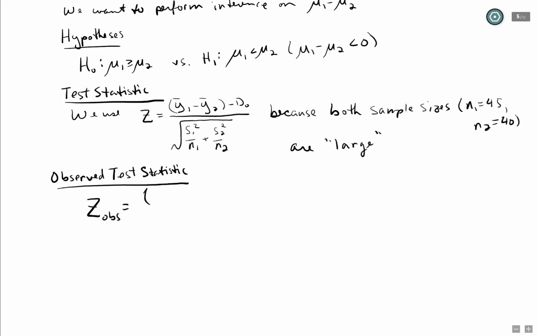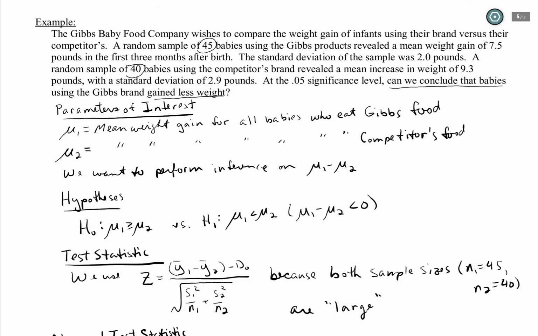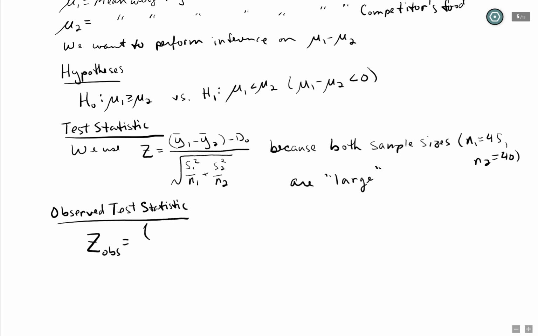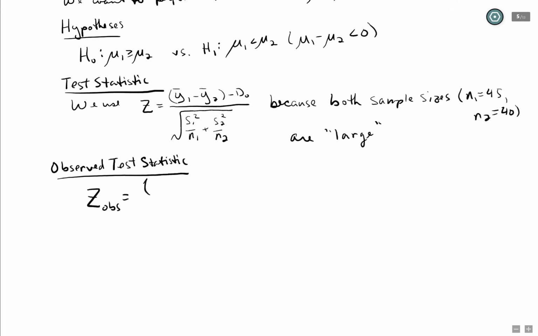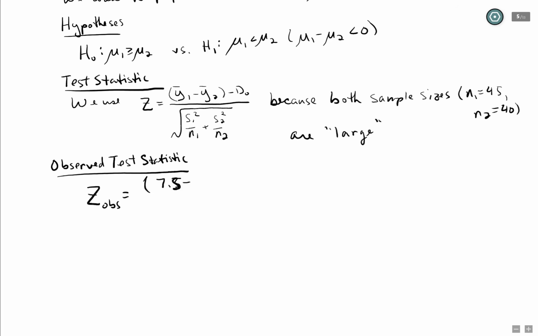What are my sample means? Well, the subscript 1 corresponds to Gibbs. The sample mean weight gain for Gibbs was 7.5 pounds, and the sample mean for the competitors was 9.3 pounds. So I've got 7.5 minus 9.3.